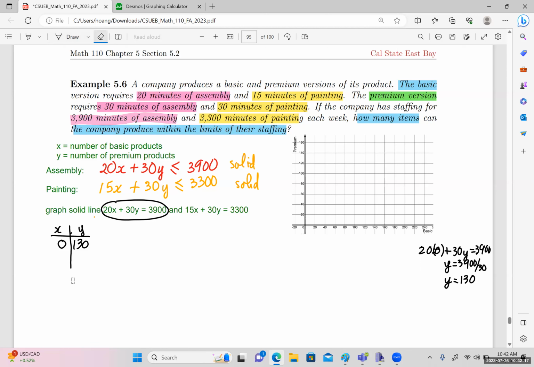We do the same thing to find the x intercept by substituting y equals 0. So we have 20x plus 30 times 0 equal 3900, so x will be 3900 divided by 20, right? Use the calculator: 3900 divided by 20 is 195.